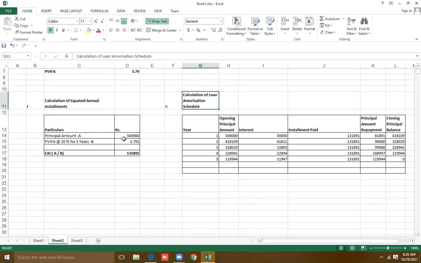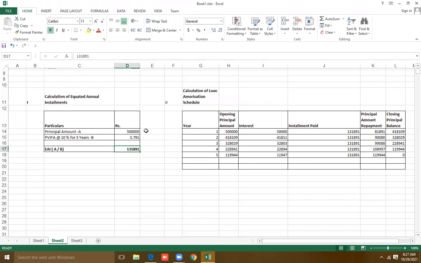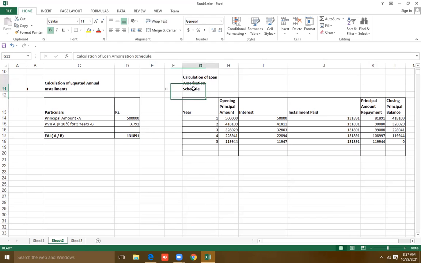So do this much, everybody. Then we will understand how to calculate the loan amortization schedule or statement. So you do this much, everybody, and confirm you have understood this. Then we will go for the second part, that is loan amortization schedule.